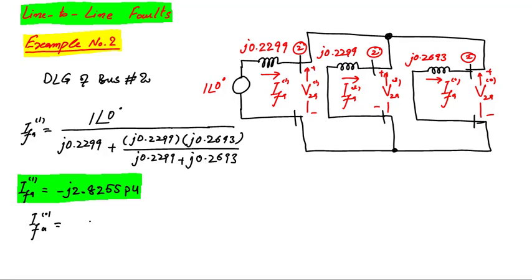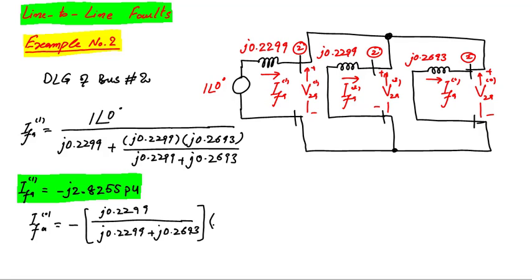Next, the zero sequence component of the fault current can be calculated by using the current division rule. According to that, it is minus the negative sequence reactance divided by the negative sequence reactance plus the zero sequence reactance, times the positive sequence component of the fault current. So IFA zero sequence is equal to j1.30124.